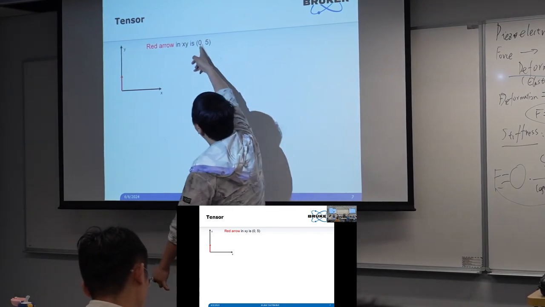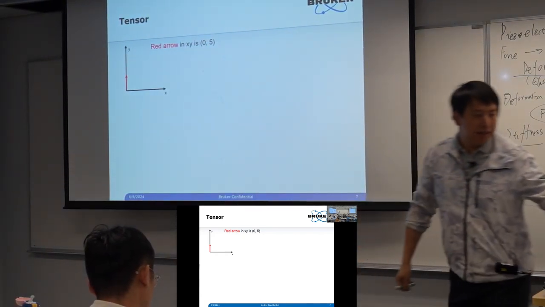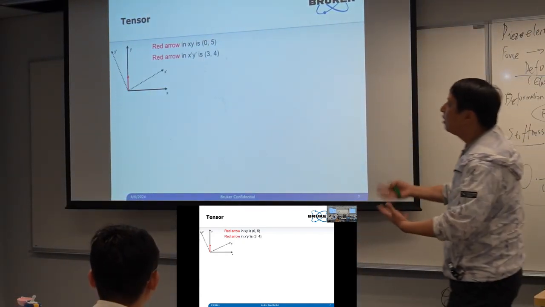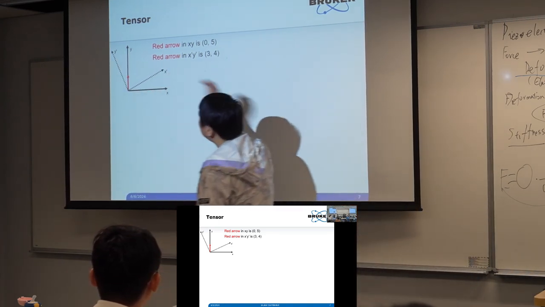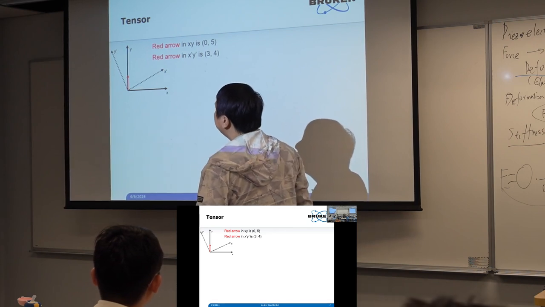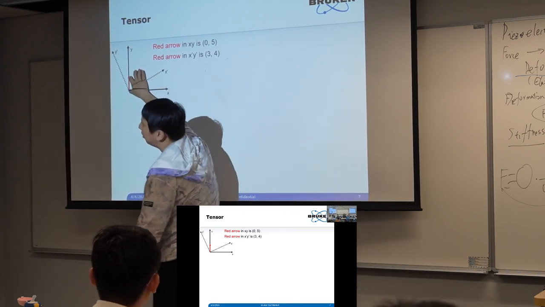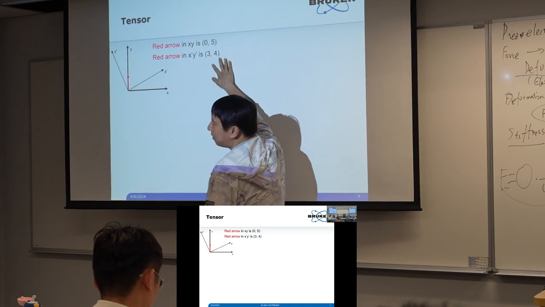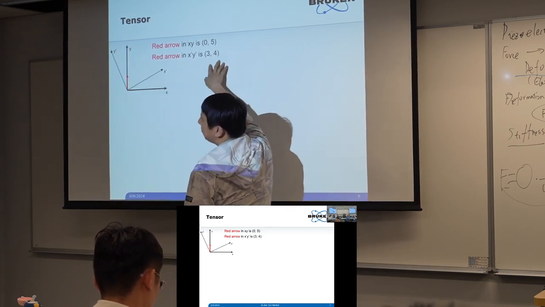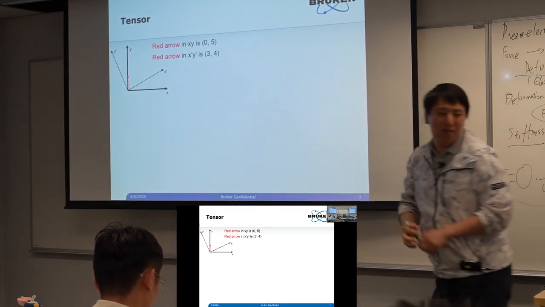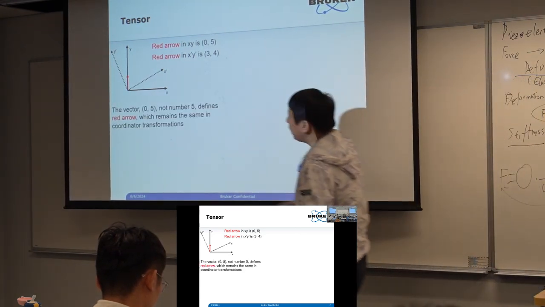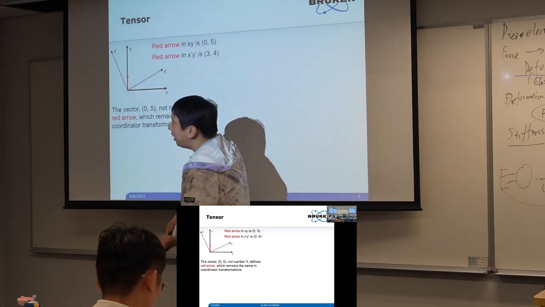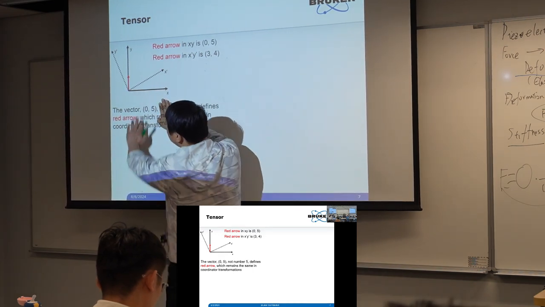It's 0, 5. Then I change my coordinates to this new one, and inside this new coordinate system, to describe this red arrow, I should also use two numbers. But the values have changed to other numbers, 3, 4.